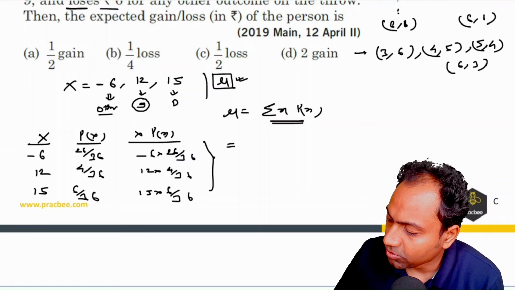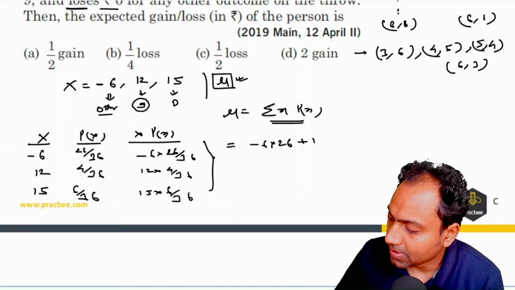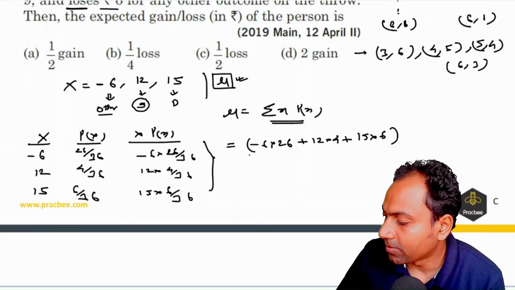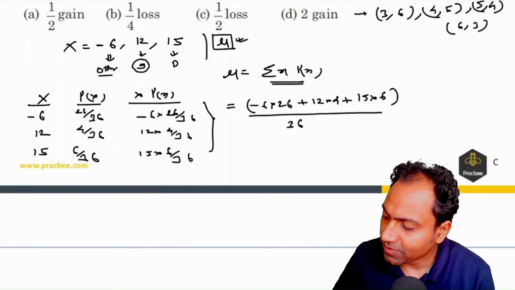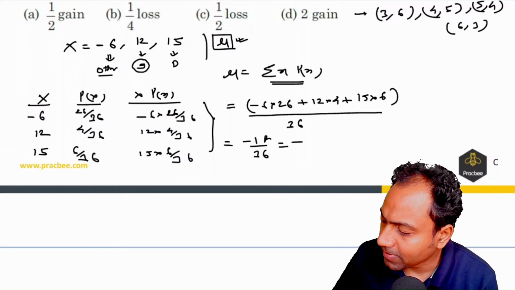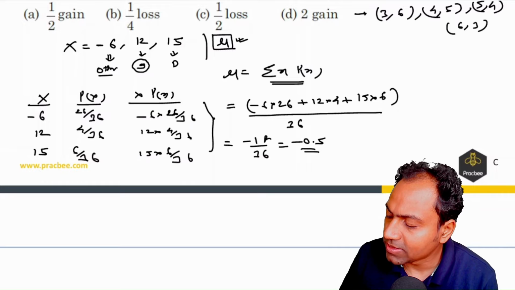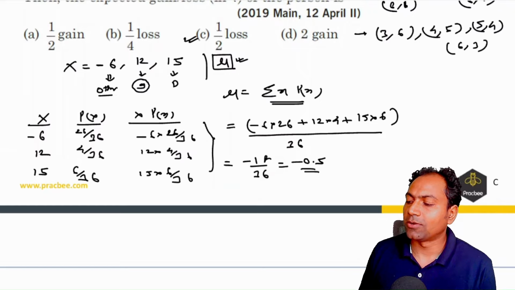So what happens in the numerator? It is minus 6 into 26 plus 12 into 4 plus 15 into 6. And in denominator, what we have got is nothing but 36. Now this numerator will simplify into minus 18 by 36. So what you are getting is nothing but minus 0.5. So what is happening? The expectancy should be nothing but half, and that too also with a negative sign.